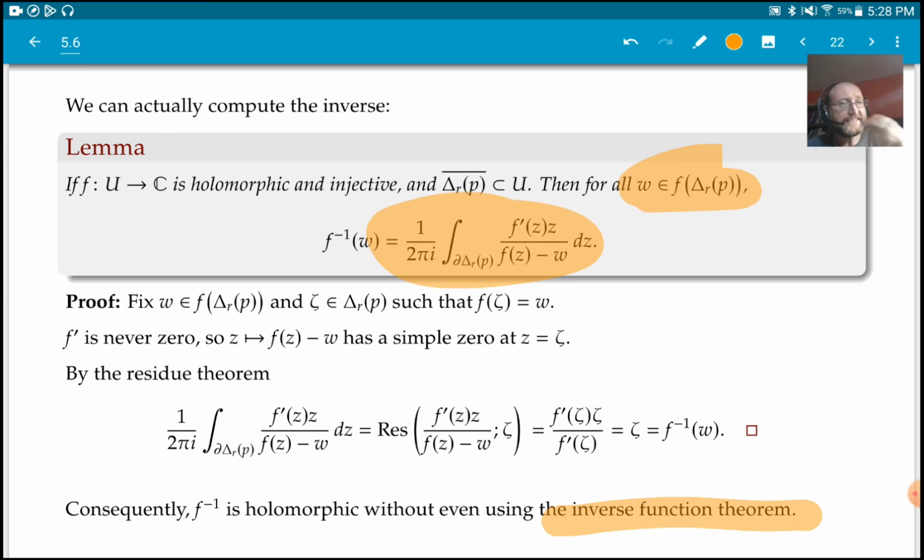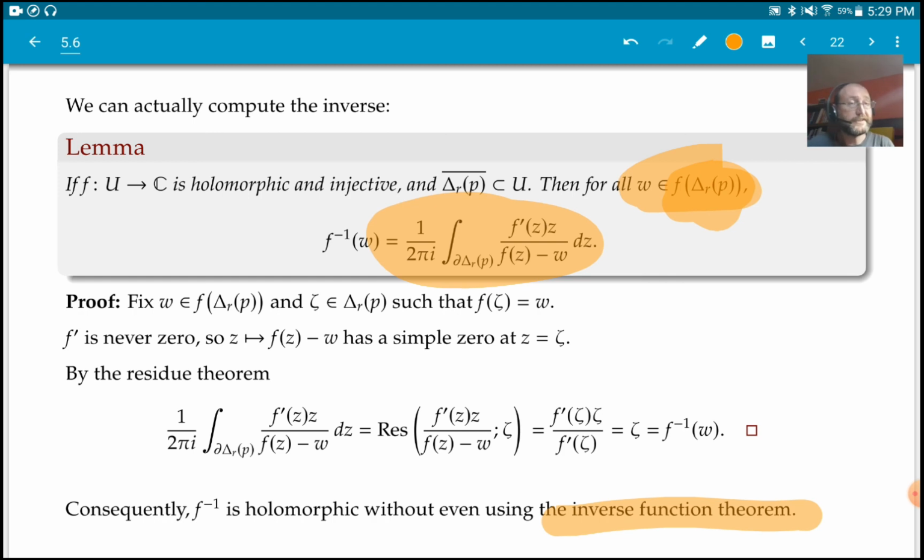It's an integral of something that's holomorphic in w. So we proved before that this thing is holomorphic in w. So f inverse is a holomorphic function of w in this image of the disk. Since I can do it at every point, f inverse is just holomorphic. So we don't need to apply the inverse function theorem.